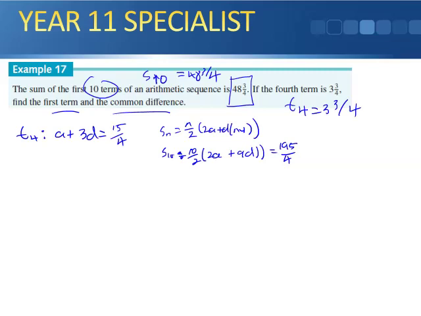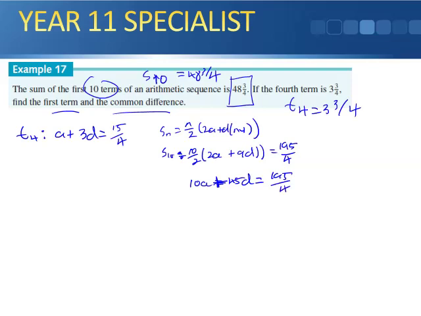And multiplying everything by 2, I'll multiply the brackets out, I'll get 10a plus 90d equals... 10 times 9 is 90, 90 divided by 2, plus 45d equals 195 over 4.